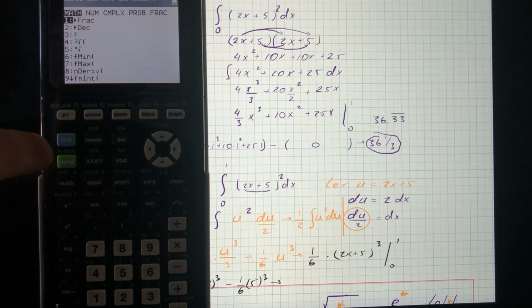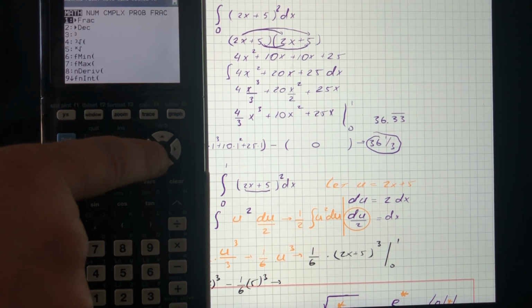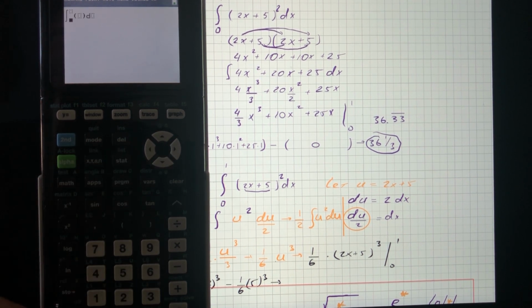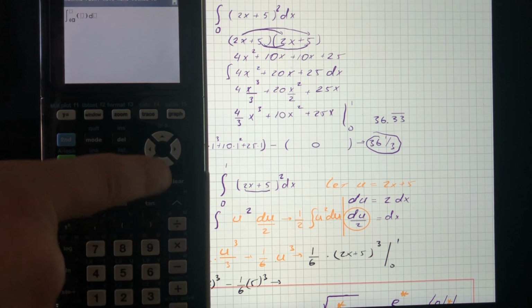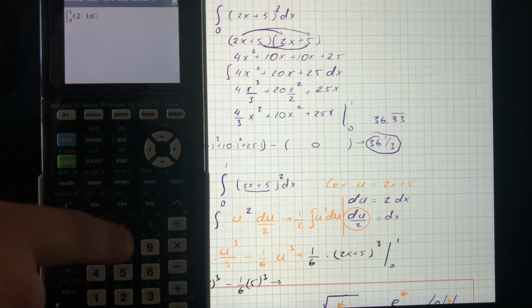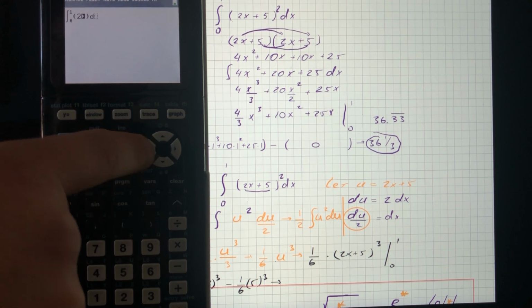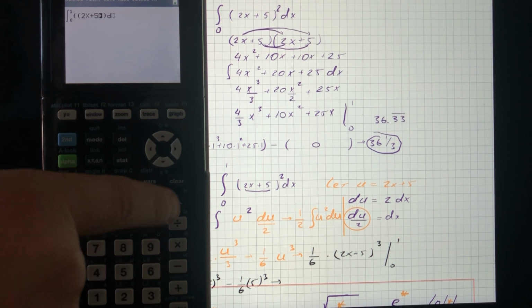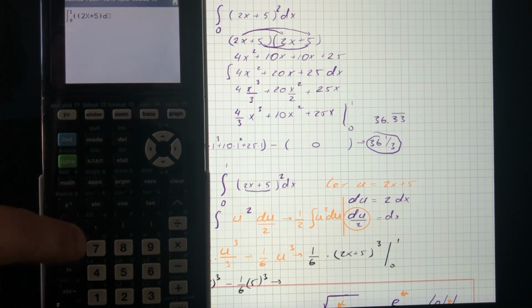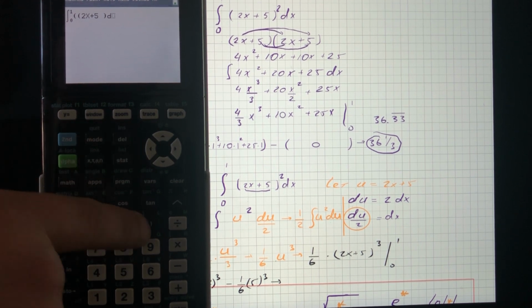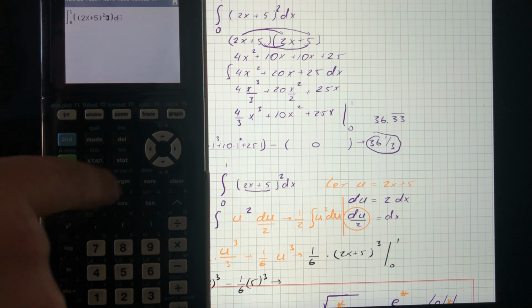If we go to the math, the choice number 9 is function integrate. So here, if we have that feature, we can simply type in our integral just as we thought, just as we see it in our homework. So let's add an extra set of parentheses, because we will need the square, 2x plus 5 to the power, come back, insert an extra set of parentheses to the power 2, and then it's a dx.